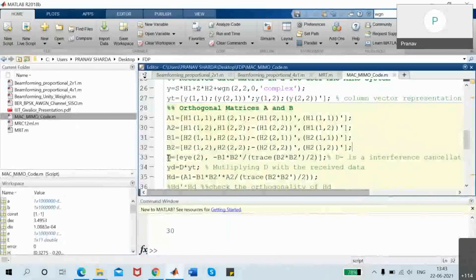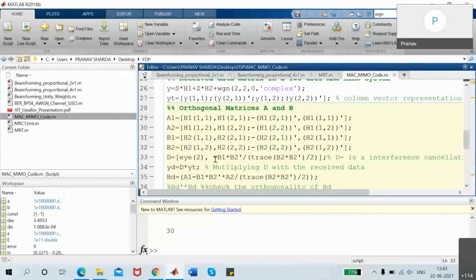This is how we write it. In MATLAB, we write the identity matrix using the command eye. We have a 2 cross 2 setup, so the order of this identity matrix is 2.